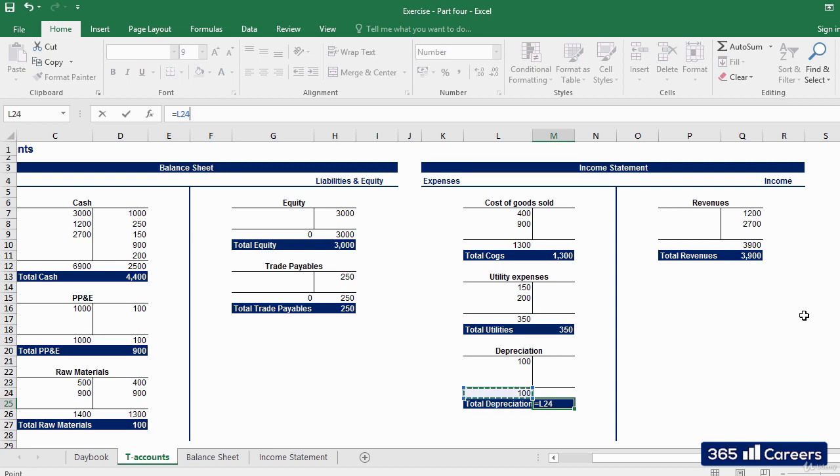All right, here we are. We've calculated the balance for each of the income statement accounts.